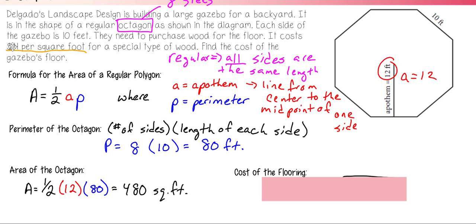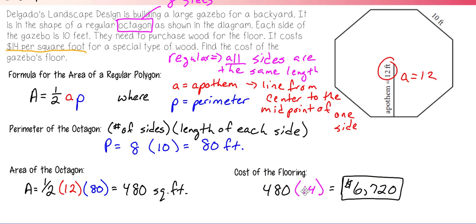The cost of the flooring is $14 per square foot. So we take that square footage, 480 times 14, and the cost of their wood for the gazebo flooring is going to be $6,720.